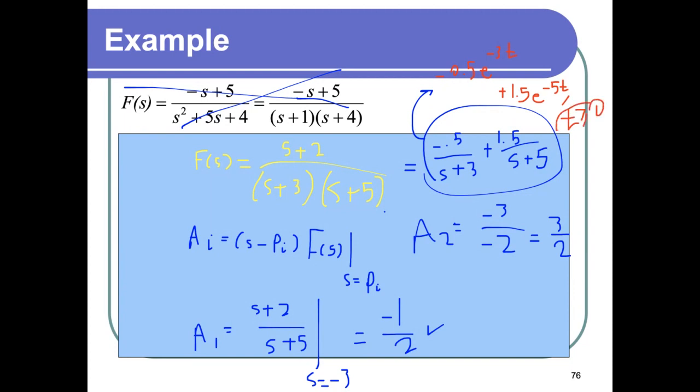So here you either write t is greater than or equal to 0, or you multiply everything by u of t. Okay, one of them needs to be there, either multiply by the step, meaning that everything is multiplied by a step, or you have to state that t is greater than or equal to 0. This is important, okay?